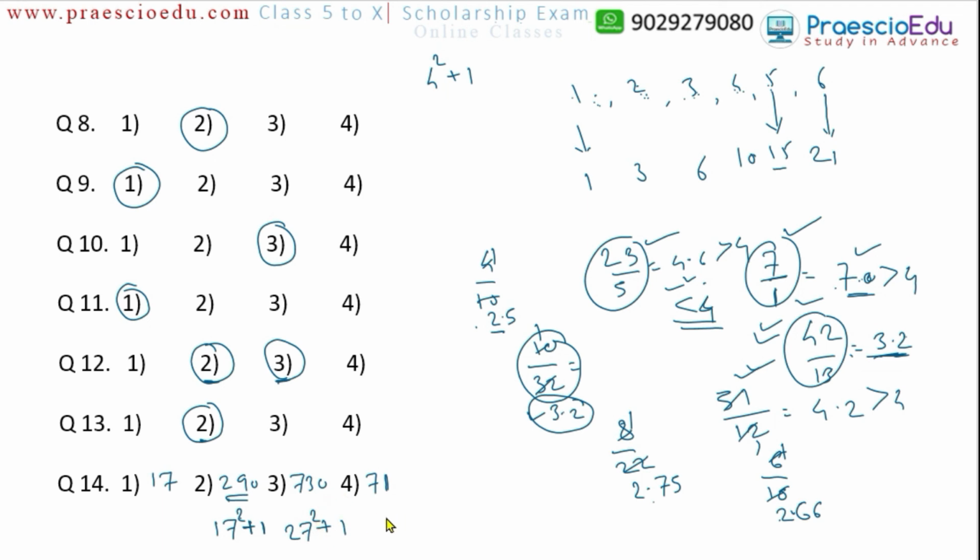But this 71 is not like this one. 71 is a very different one. There is no 70 square number or 69 or anything that fits this criteria. So that's why option number 4, 71, is totally different. Okay, now in our next video we will see exercise 2.2.